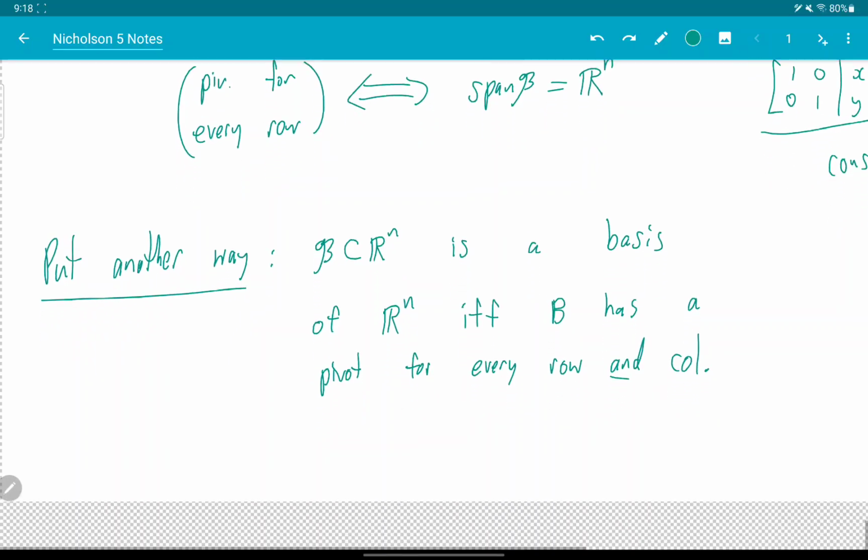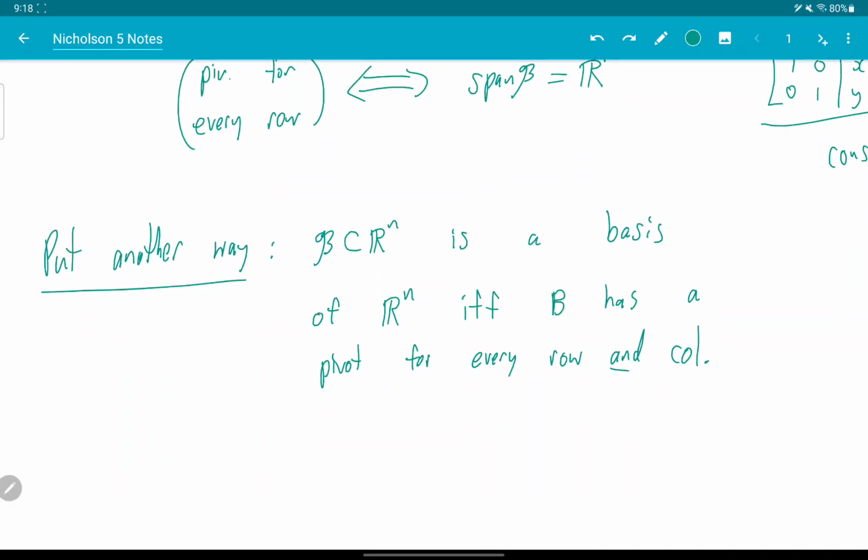So it gives me a nice way to check if something is a basis. You can just throw it into a matrix and see if you have a pivot for every row and every column.